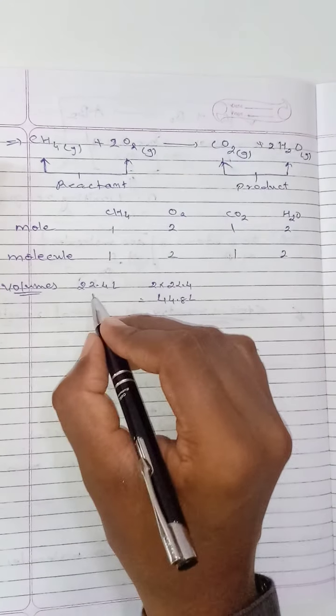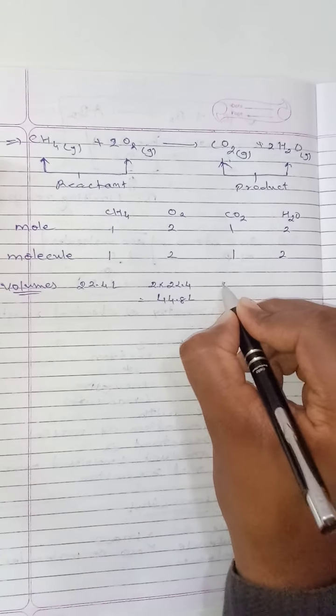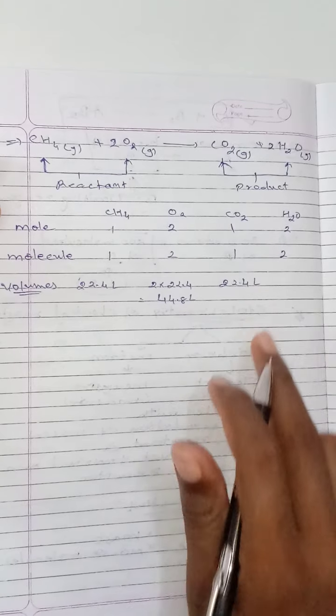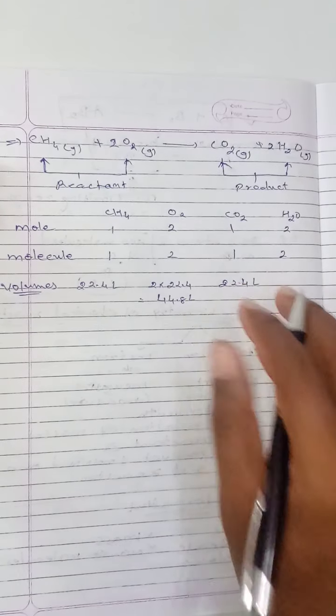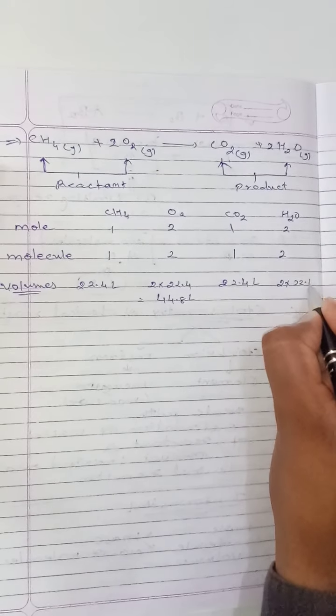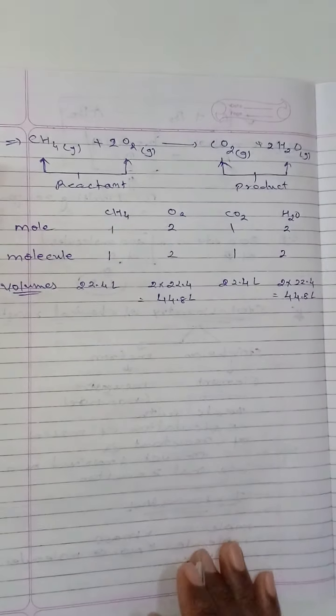Same as here, because carbon dioxide is 1 mole, 22.4 liter, and for water, 2 multiplied by 22.4 equals 44.8 liter.